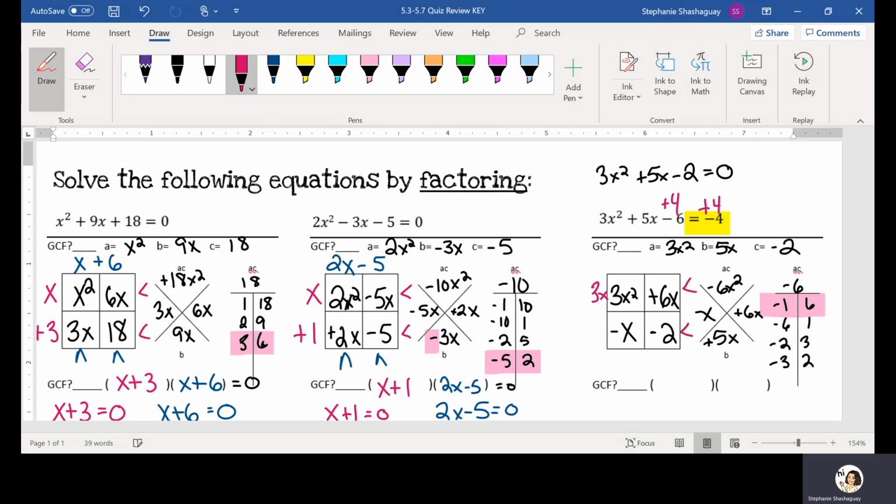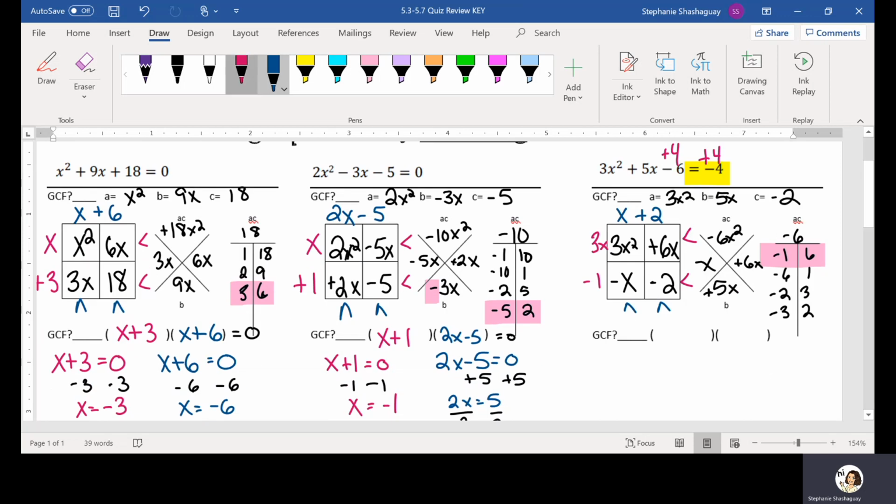Negative x minus 2, I can factor out a negative 1. In the first column, 3x squared minus x, I can factor out an x. And in the second column, with positive 6 and a negative 2, I can factor out a positive 2. So my factors here are 3x minus 1 and x plus 2.